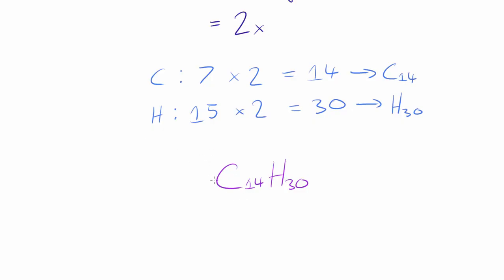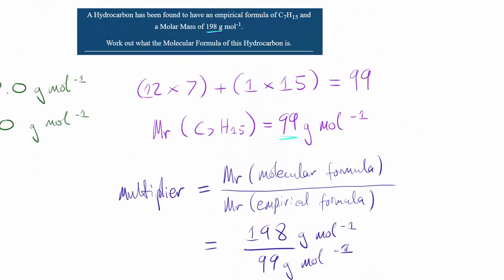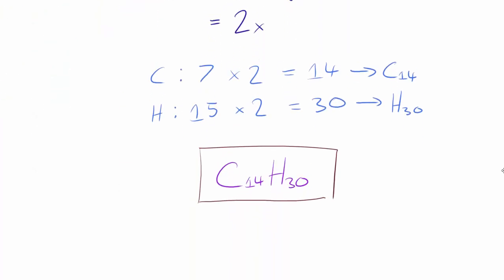Condensed may not have been the best word since we are dealing with chemistry, but I didn't mean that literally. So in this case, this is our molecular formula. Applying the 2x multiplier to C7H15, we get C14H30.